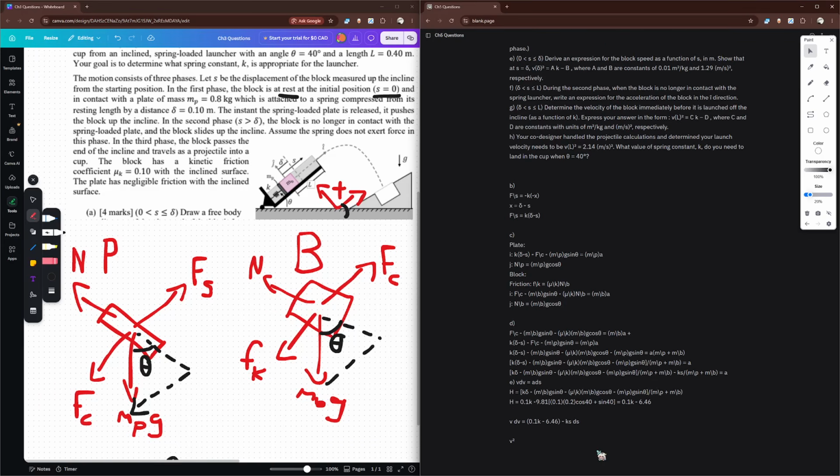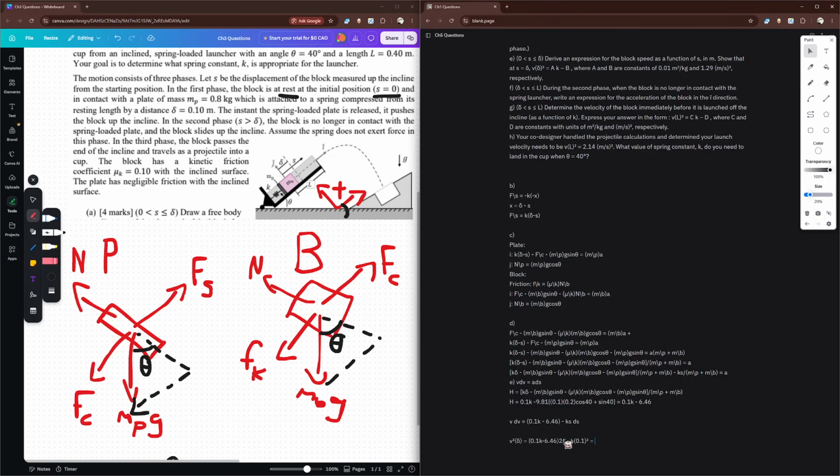We're going to get v squared, and I'm going to put my delta here because this is v as a function of s, where s is delta, is equal to 0.1k minus 6.46 s, and because I wanted to not have a fraction, we're going to put a 2 there as well, minus k 0.1 squared, right?